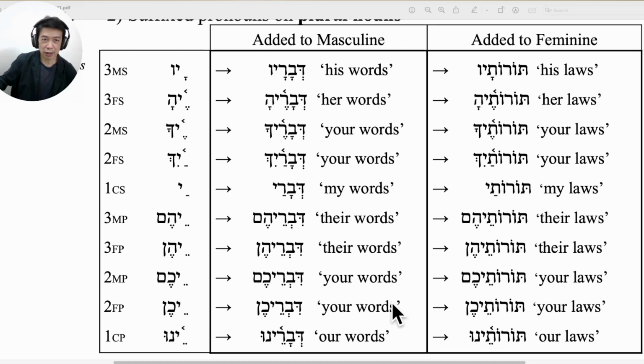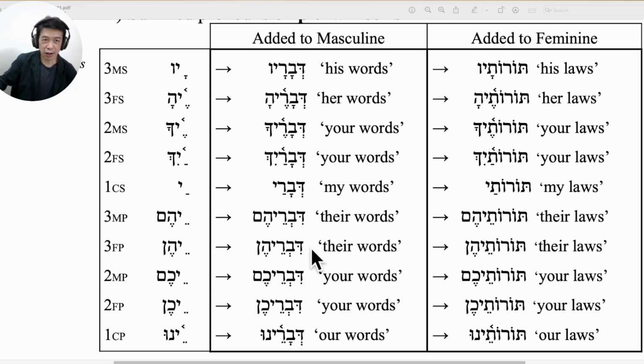In general, you can see that the only difference between this chart and the previous chart is the addition of the yod in the suffixes that we attach to the end of the word. So this yod makes the nouns plural. That is all you have to remember about this chart.